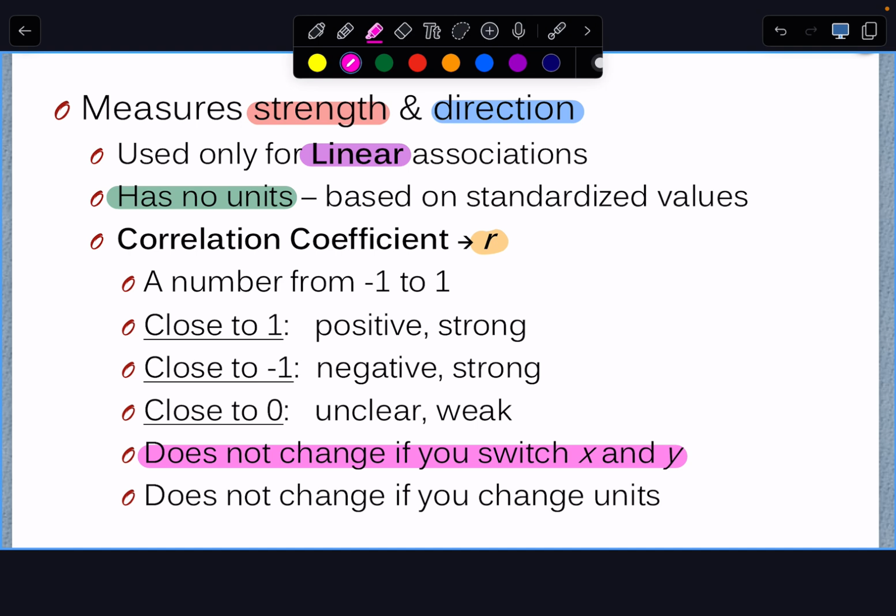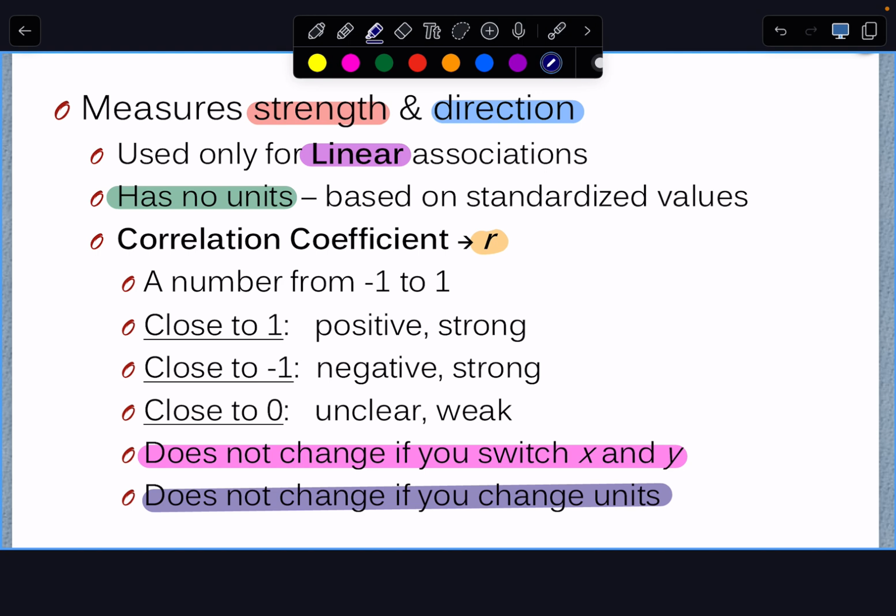And then the other part of that is if I change the units that I was originally measuring in. So if I had a distribution where one of my variables was measuring weight and I had measured in pounds, and then later on I decide I don't want to use pounds, I want to use kilograms instead, again, that unit change will have no effect whatsoever on my correlation coefficient.